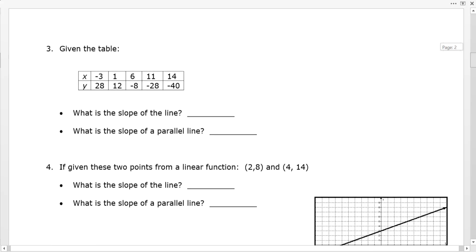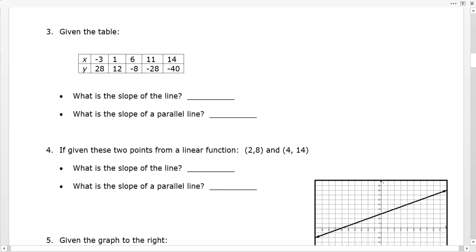So we'll do a little practice. We have a table, and we're looking for the slope of the line for these points. I can pick any 2 points. I will go ahead and pick these 2 points. So from -3 to 1, it's going up by 4. And from 28 to 12, it's going down by 16.